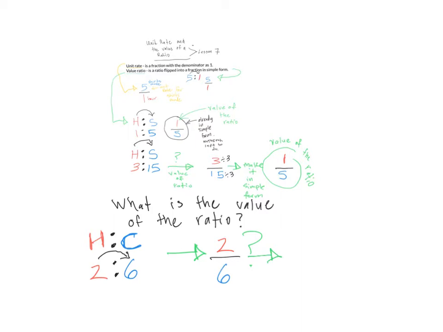So I can reduce by first figuring out that I want to get at least the numerator to 1. So I can divide it by 2 to get to 1. What I do to the top, I have to do to the bottom. And I get 1/3. So the value of the ratio is 1/3.